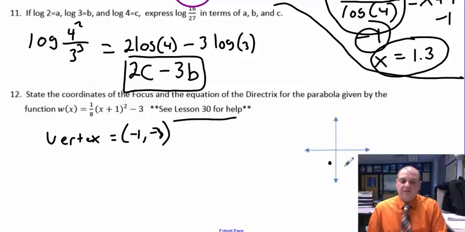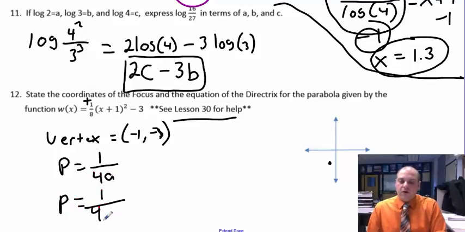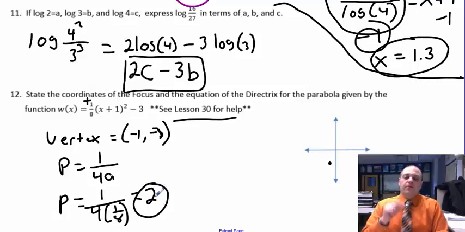There's my vertex. My focus, because it's a positive A, will be above it, and my directrix will be below it. Well, you need P. P is 1 over 4A. So it's 4 times 1/8, which is 2. If P is 2, that means we go from the vertex up 2 and down 2, and that gives us the focus and directrix.